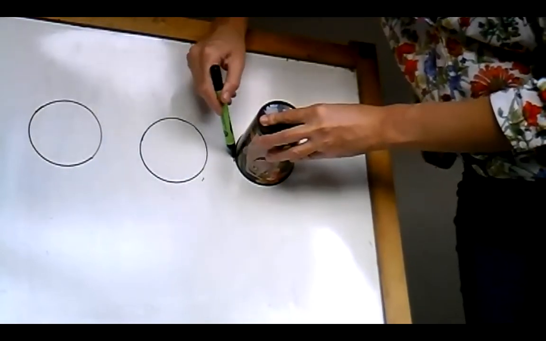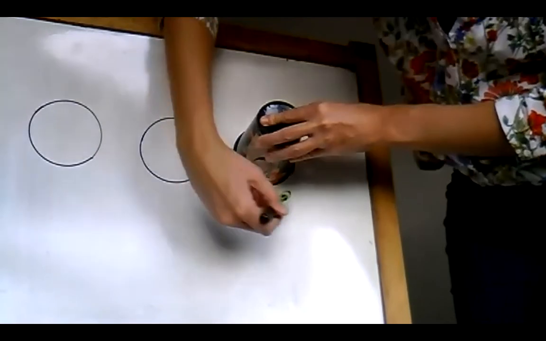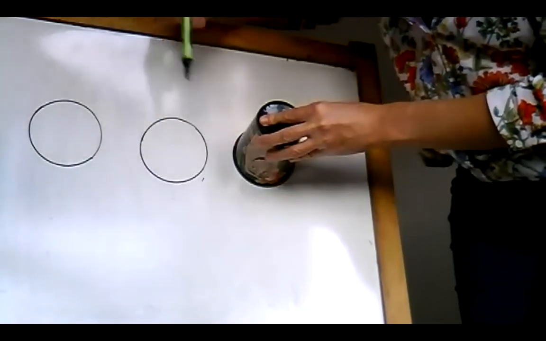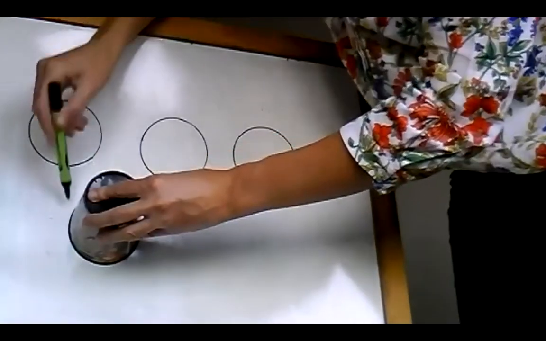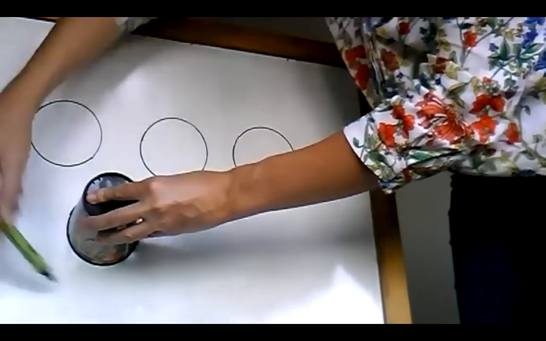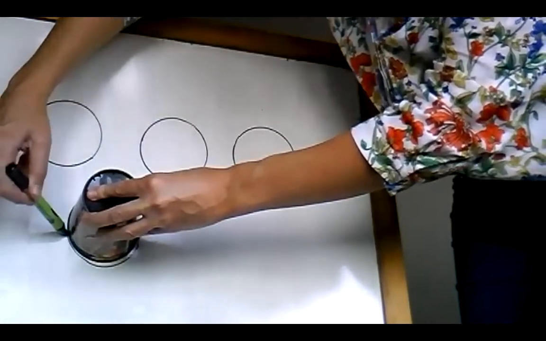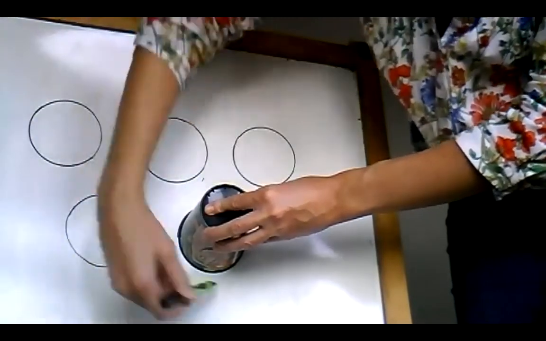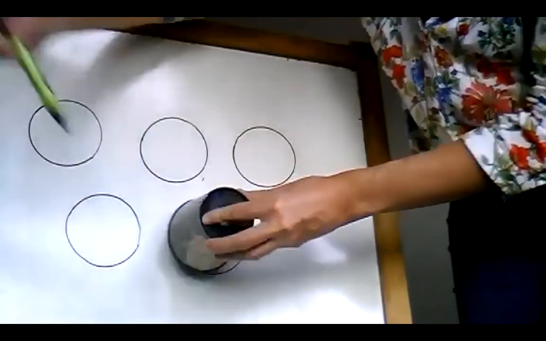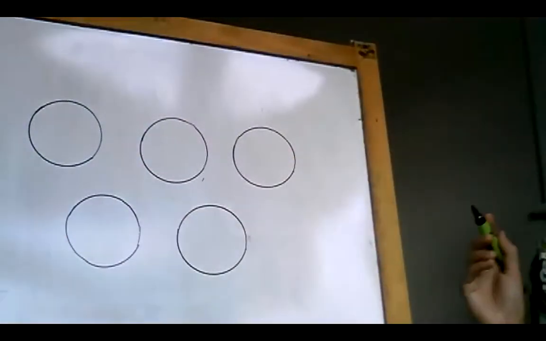You still see them? Yeah. Three circles. Four circles, and you're going to draw five. So if you're ahead of me, you get that fifth circle done. Okay. Well done. Excellent job. Right then.